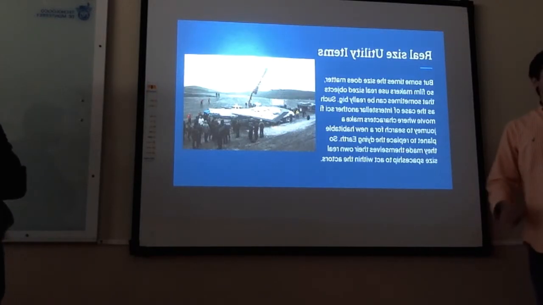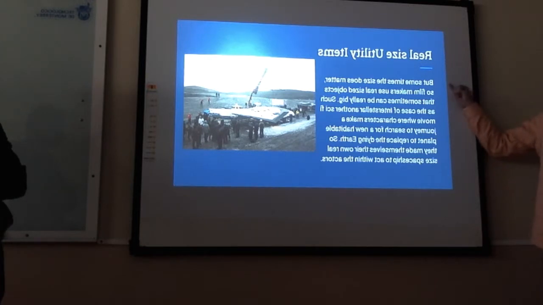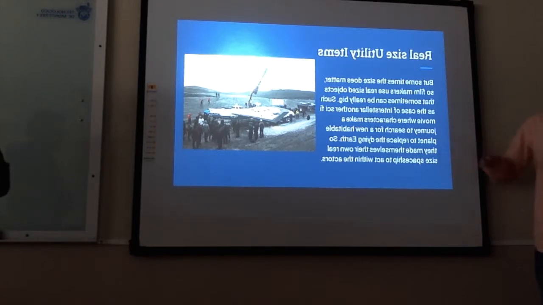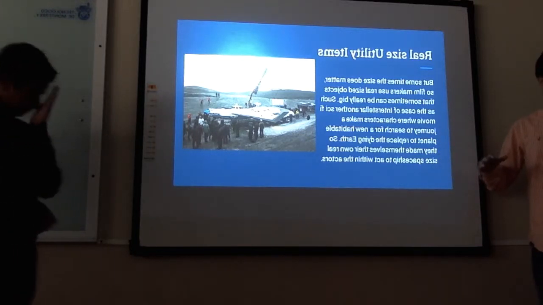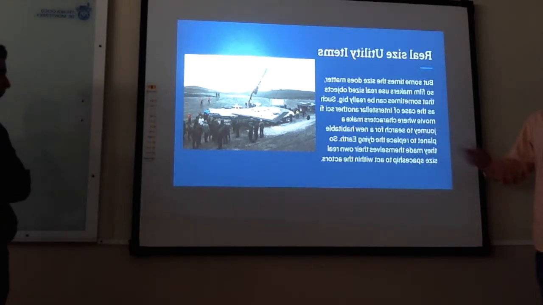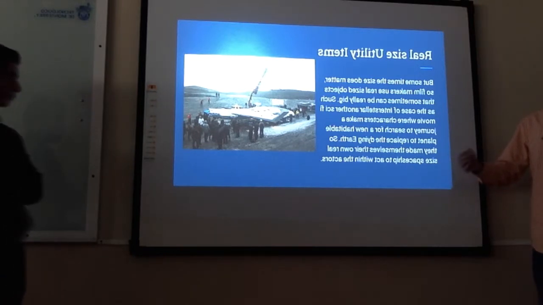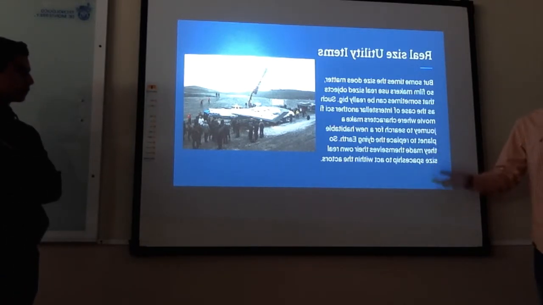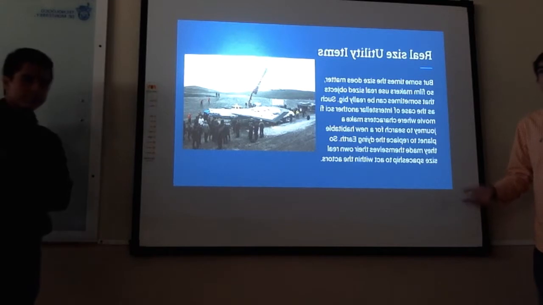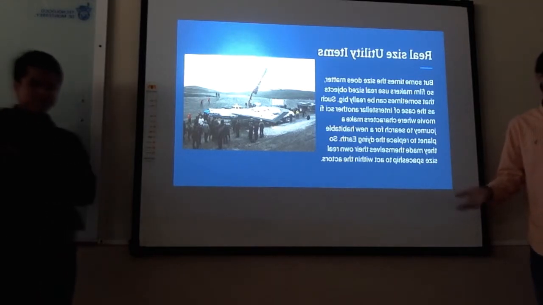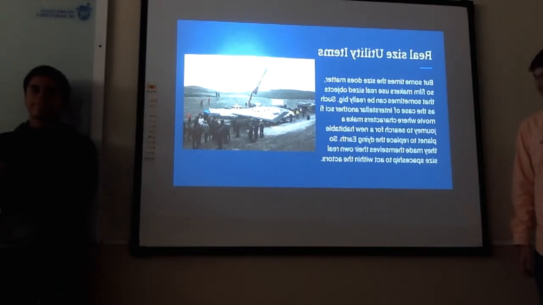Sometimes they need real-sized utility items. Like another example, another movie called Interstellar. This movie is about space travel, and a lot of times actors are seen by the side of a huge ship. So they actually needed to build a real-sized ship to make the film.